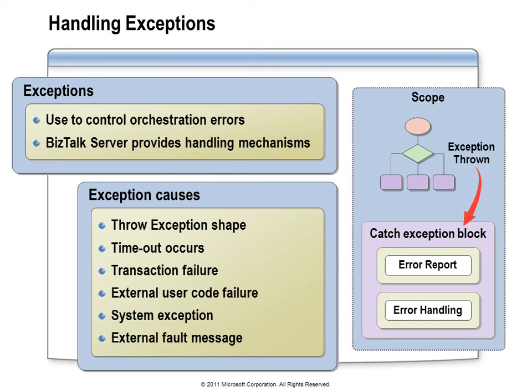As soon as it finds one, it will execute that particular block of code within that exception handler, and it will ignore all others. So even if there's another handler down the line that could potentially match that type of exception, that one will be ignored.